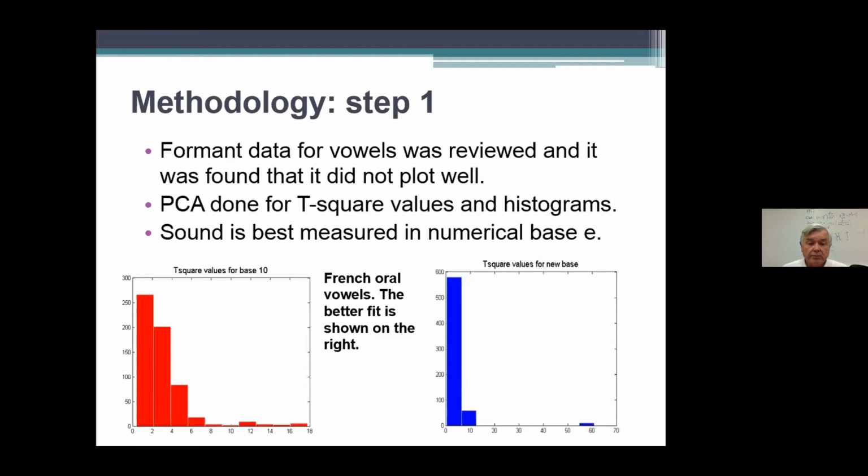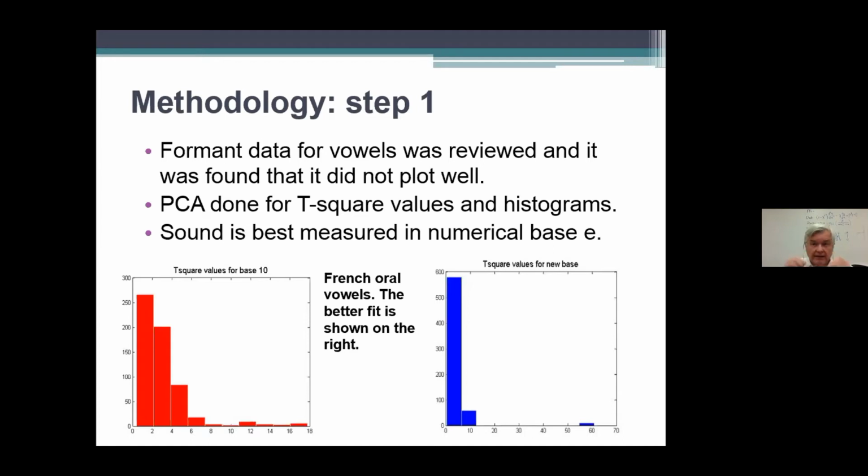One of the first problems that we had was that formant data for vowels is often reviewed, and it was inconsistent. If you remember the first plot that I showed you, it was inconsistent with the behavior of the formants, and so we tried plotting the formants to determine what was wrong with the data.